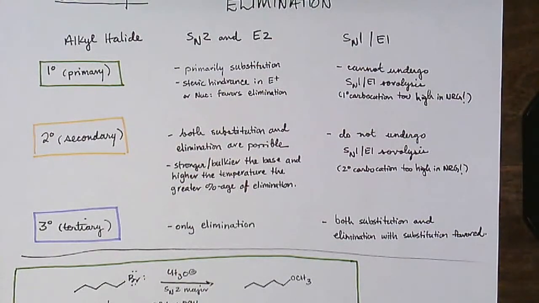The stronger the base and bulkier the base, and higher the temperature, the greater the percentage of elimination, E2, will occur. Remember, secondary alkyl halides also do not undergo SN1 or E1 reactions. Tertiary alkyl halides may undergo E2, but they may not undergo SN2 reactions, again due to steric hindrance. Tertiary alkyl halides may undergo SN1 or E1 reactions, depending on the reaction conditions.